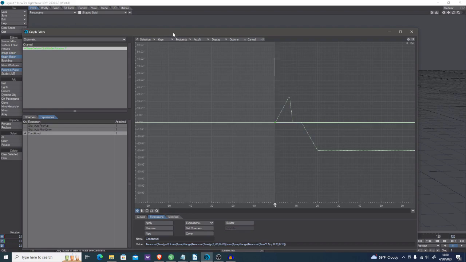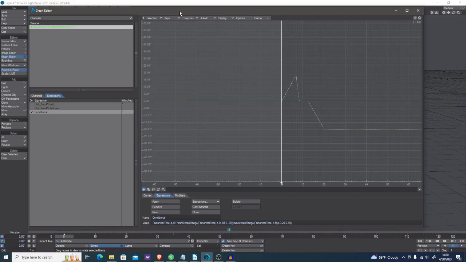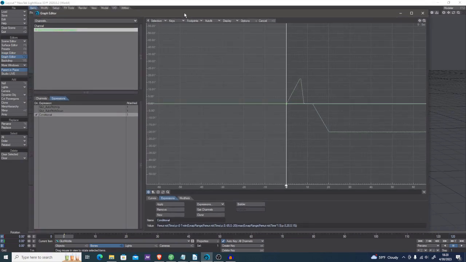But this is why time is useful, because it allows you to get a great deal of control and flexibility without the need to keyframe every single motion. And I'm going to show you some examples of that.